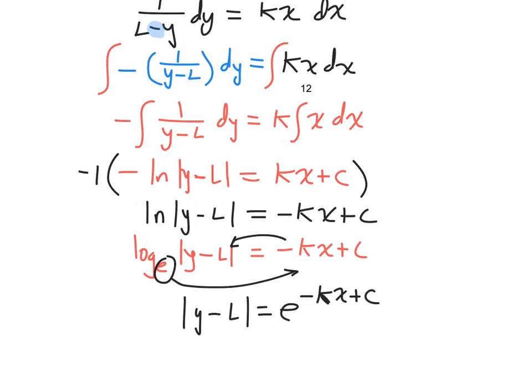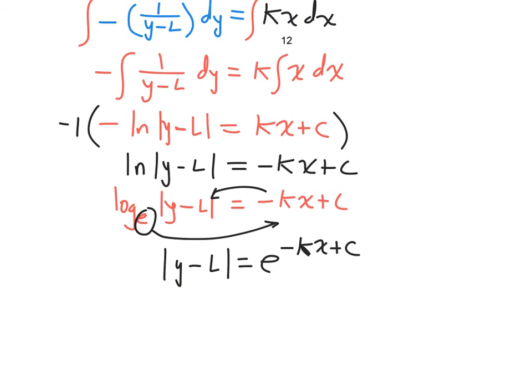So we're on page 12 in the packet. So by now, in theory, the next step should not be black magic. We're going right to c e to the negative kx, and that's because we can split up that plus sign to make it e to the negative kx times e to the c. All right, and e to the c is a constant to a constant, which becomes a constant.